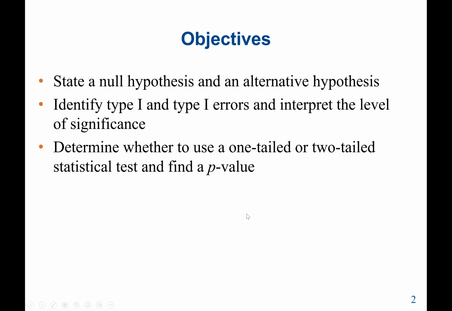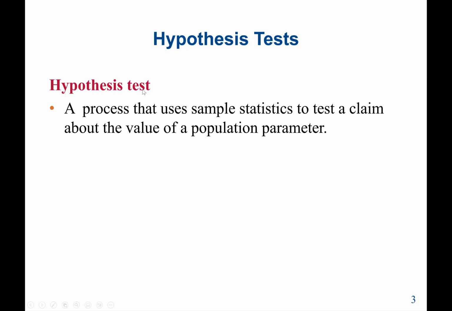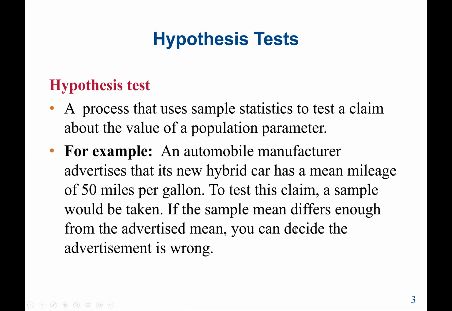to find the p-value. So hypothesis testing is a process that uses sample statistics to test a claim about the value of a population parameter. So we can say that hypothesis testing is inferential statistics. In this case, we are going to use sample statistics to test a claim about the value of a population parameter.